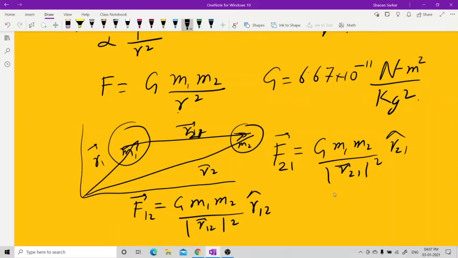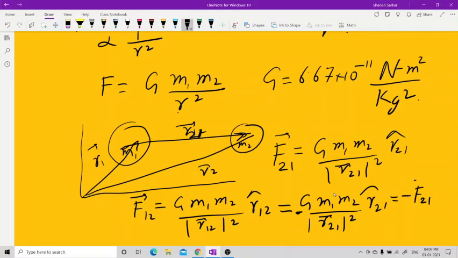Now suppose I want to express this in terms of this. This r12 and r21 mod are the same, so I write r21 mod, no issue. And r12 unit vector is minus of r21 unit vector. So this is minus F21.